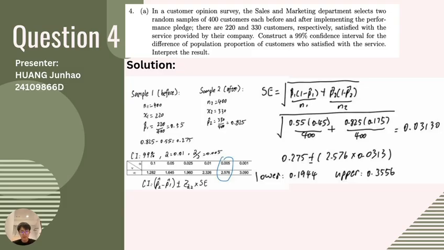After plugging the numbers in, we got the answer 0.0313, and we have everything to build the interval. So 0.275 plus or minus 2.576 times 0.0313, which gives us a lower bound of 0.1944 and an upper bound of 0.3556.